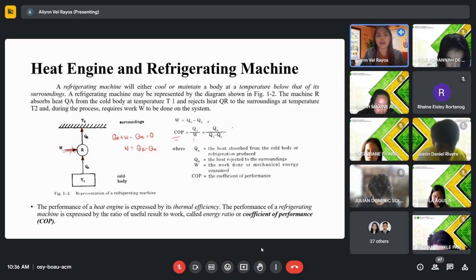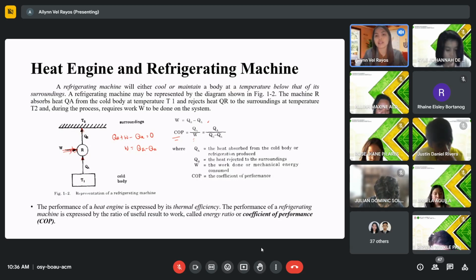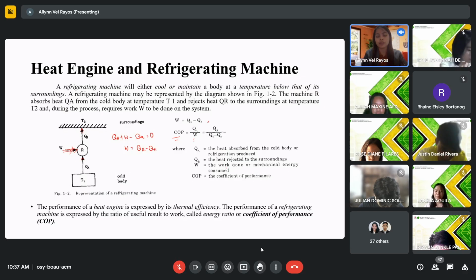So that is equivalent to the Q added from the body na gusto nating palamigin, which is removed from the refrigerated space and goes to the evaporator of the refrigerating machine, divided by the work in the compressor to find the COP. QA is the heat absorbed from the cold body or refrigeration produced, QR is the heat rejected to the surrounding, work is the work done, and COP is the coefficient of performance. Clear ba tayo sa slide na to? Any question? Clarification?